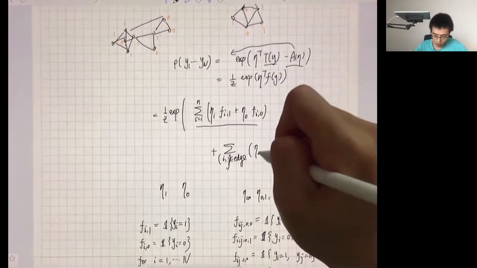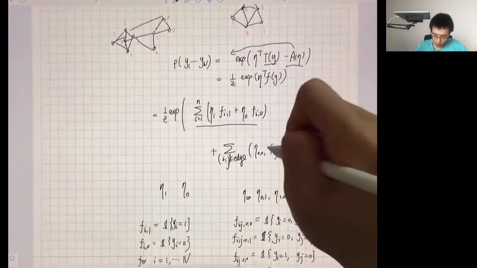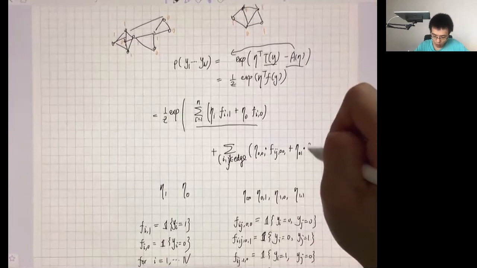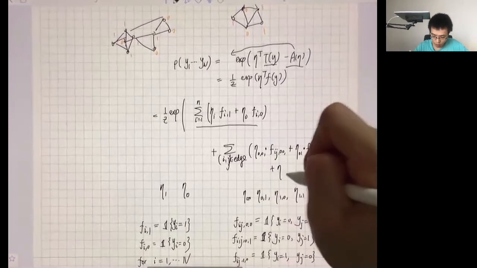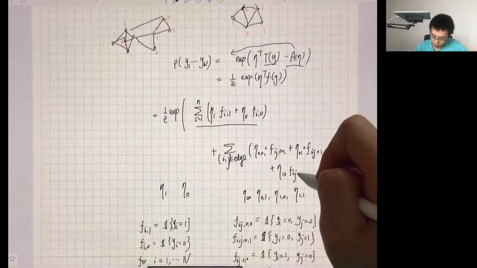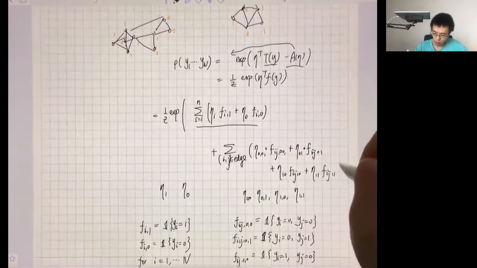Then it should be θ00 times f_ij(0,0), plus θ01 times f_ij(0,1), and so on. So I have 4 terms.